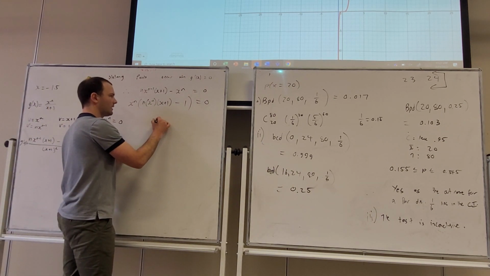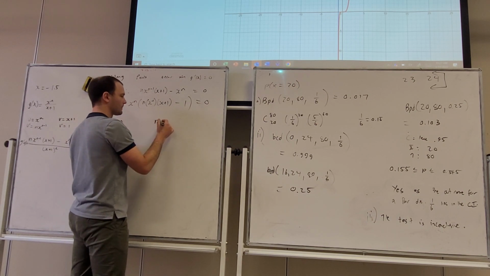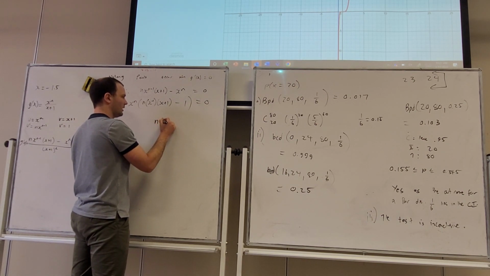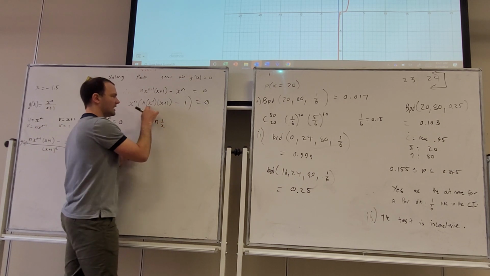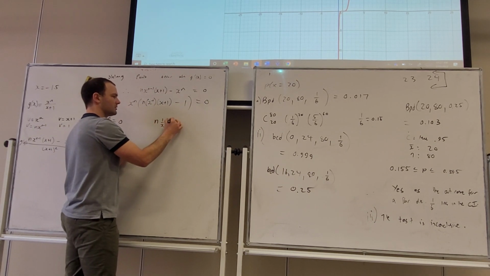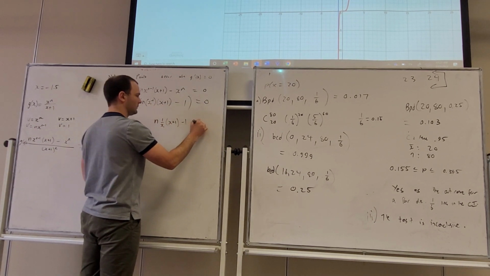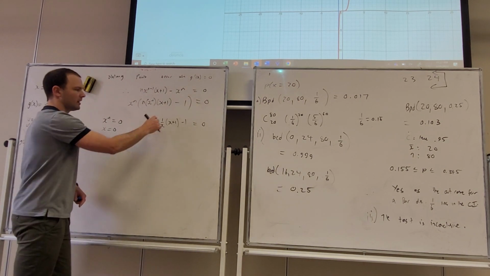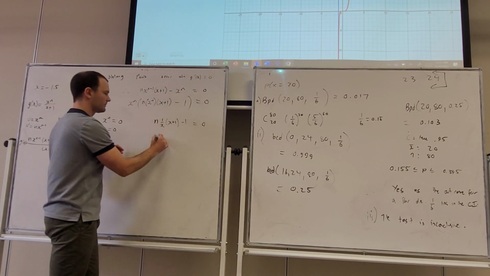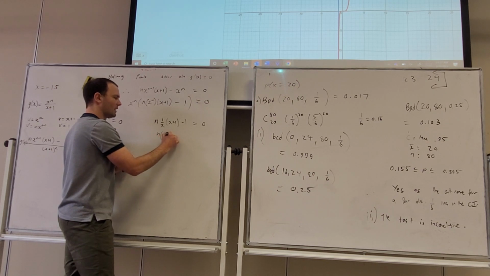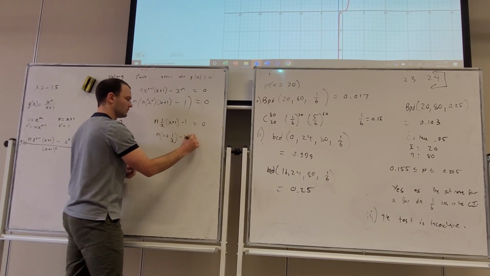Now I'm going to write that like this. n, 1 on x. x to the minus 1 is 1 on x, times x plus 1, take 1. And I'm also going to distribute the 1 on x. So we're going to have n times 1 plus 1 on x.